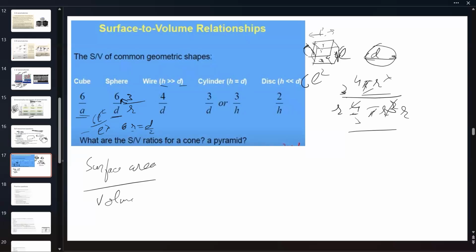Okay, so let's calculate the surface area to volume ratio. We'll do a cylinder first.